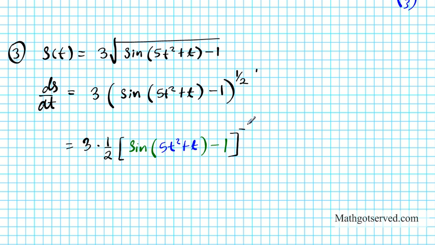So this is going to be negative 1/2. Now this is the derivative of the outermost function, now times the derivative of the inner function. So the derivative of sine of 5t squared plus t minus 1, this whole story, prime.